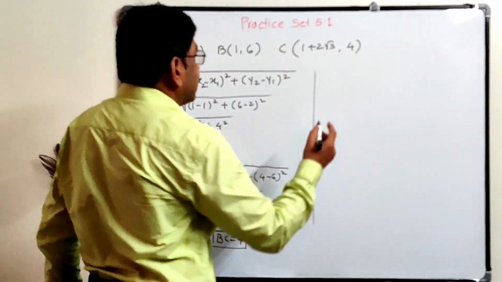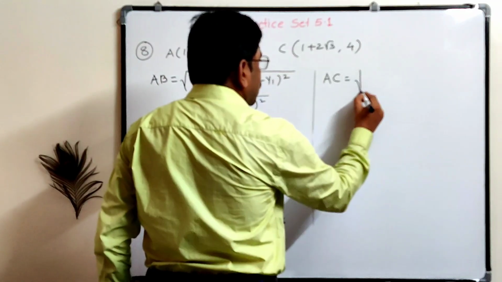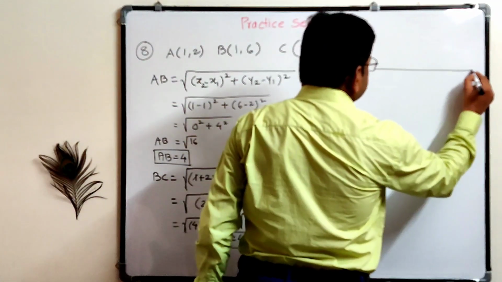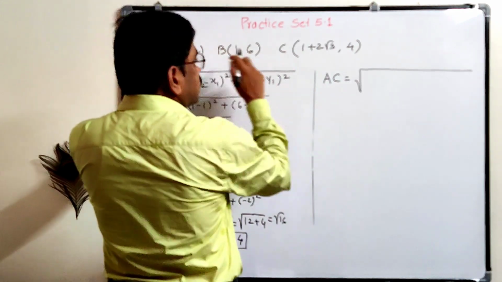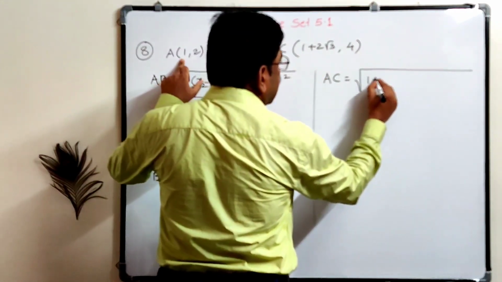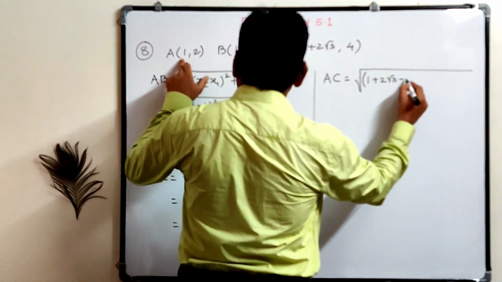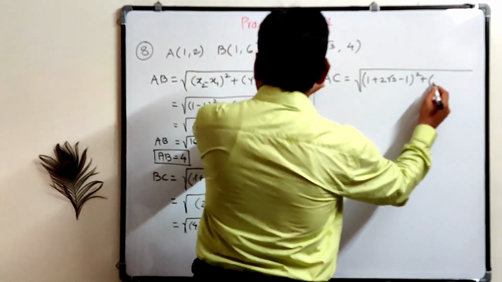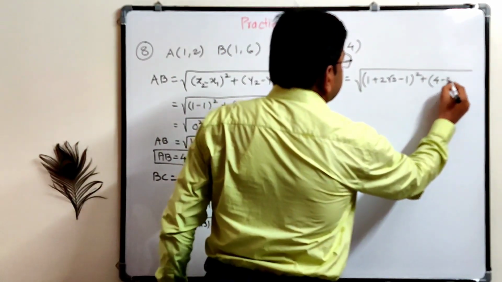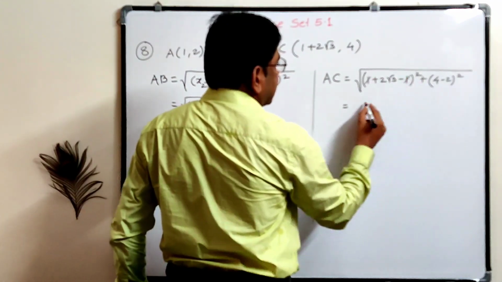Now find the third distance, that is AC is equal to root of, same, x2 minus x1. 1 plus 2 root 3, this is x2, minus 1, this is x1 bracket square, plus 4 minus 2 bracket square. So here again this 1 and this 1 get cancelled.